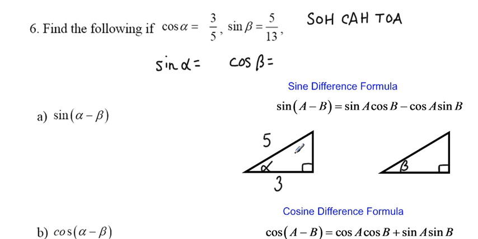Now, we can use the Pythagorean theorem to find the opposite side here. However, we also can recognize that this right triangle is a Pythagorean triple. If the hypotenuse is 5 and one of the legs is 3, the other leg will have to be 4. Therefore, the sine, whose ratio is opposite over hypotenuse, will have to be 4/5.